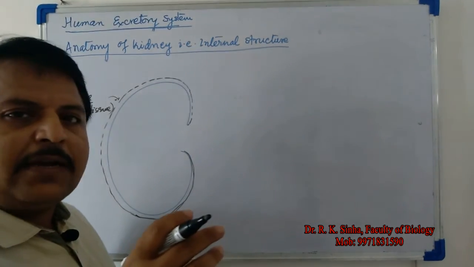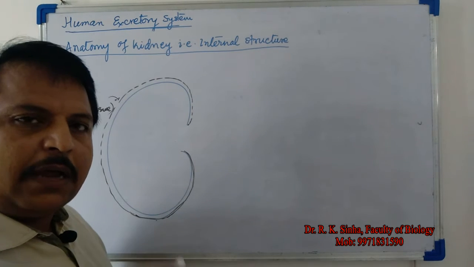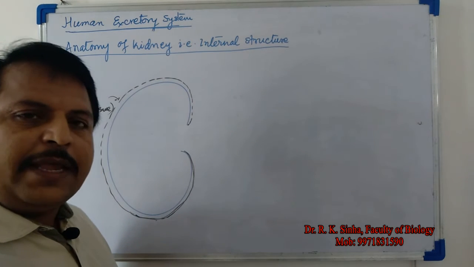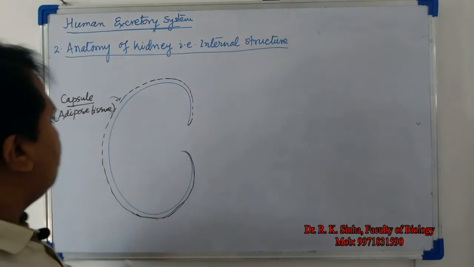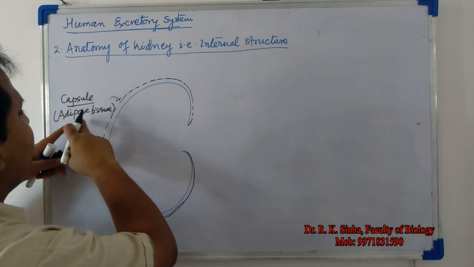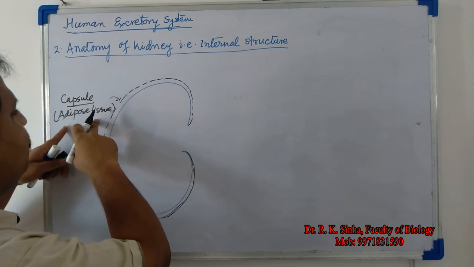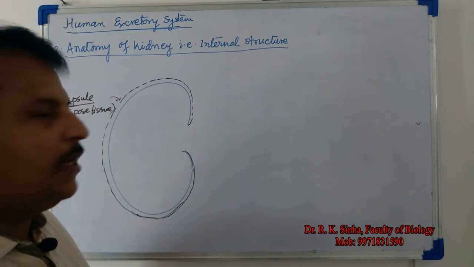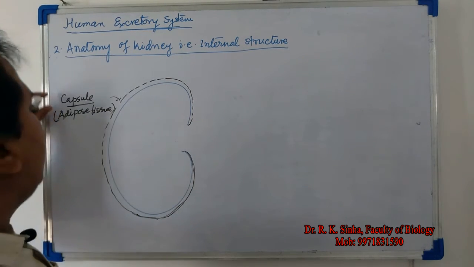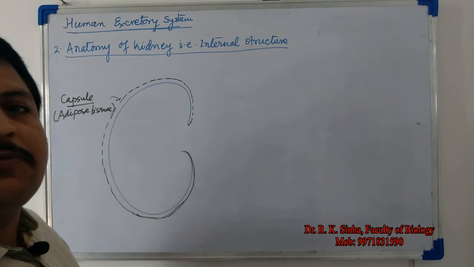When any impact occurs over the body, it will push the kidney, but due to the presence of the soft adipose tissue, the internal part of the kidney might be protected, and this structure is termed as capsule.